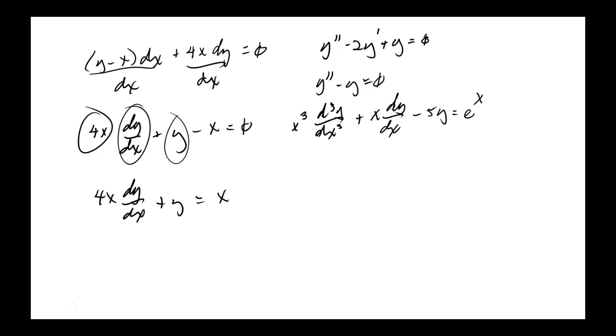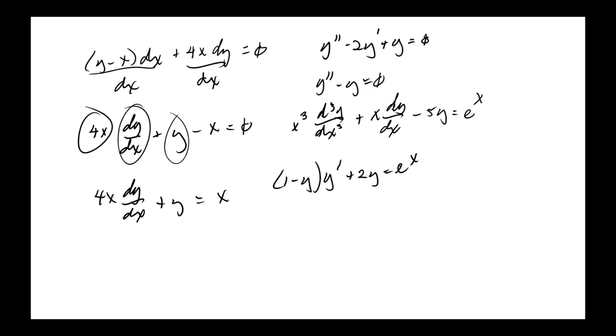Okay, how about this one? How about that? Is that a linear function? Yeah, you got y's and your y prime in the same term, and I can't think of any way to undo that.